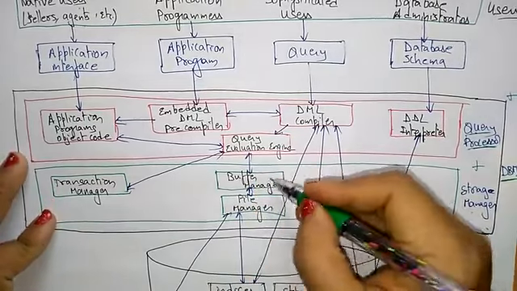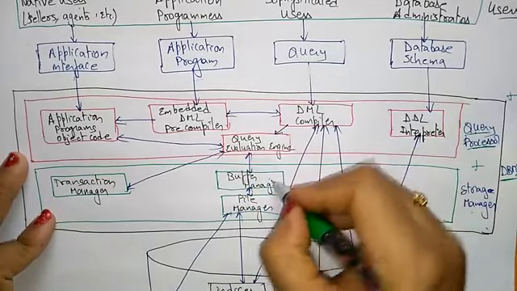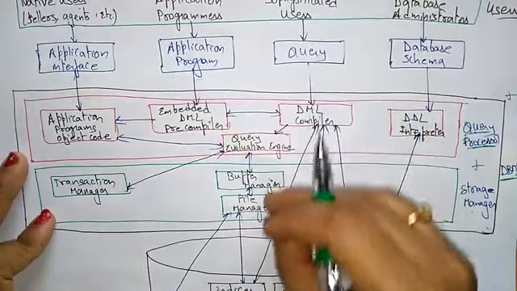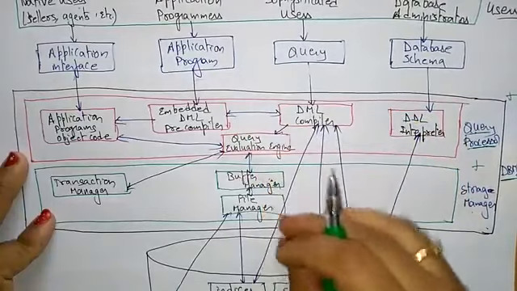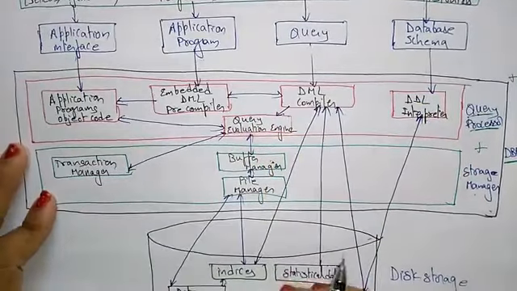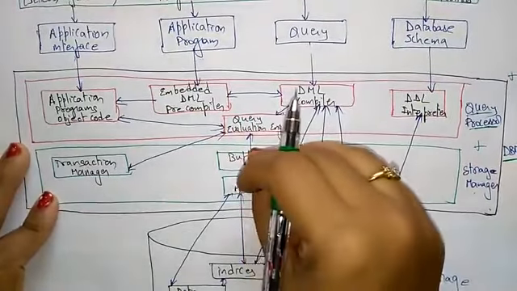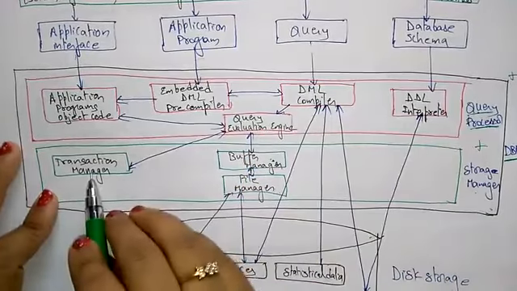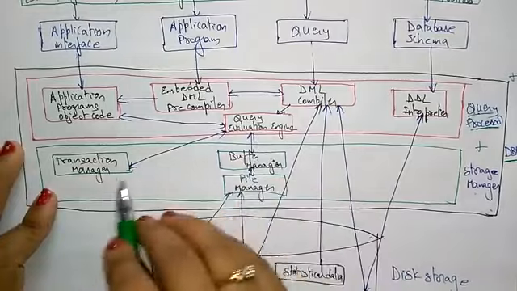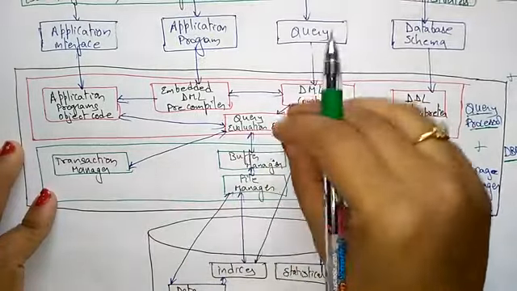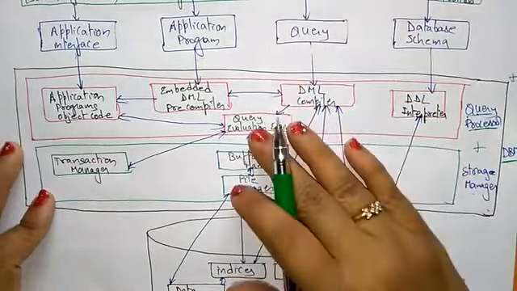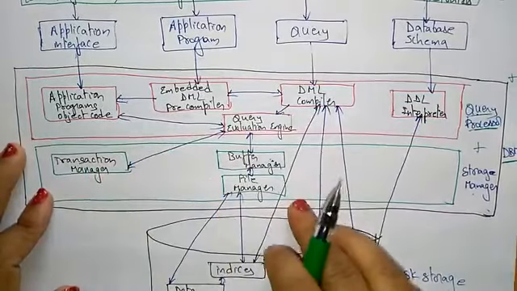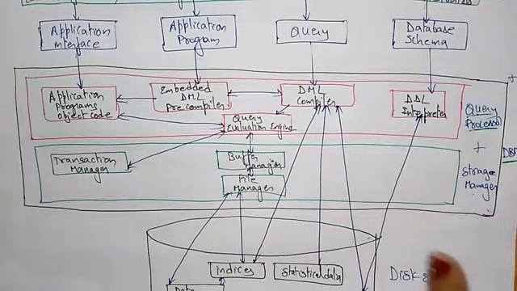The buffer manager stores all the relevant information asked by the user, and the file manager maintains it, sends it to the disk storage and retrieves that data, and sends it again to the buffer manager and the query evaluation engine. The transaction manager helps to maintain the queries to be transacted in a particular way. So the transaction manager, buffer manager and file manager are present in the storage manager.